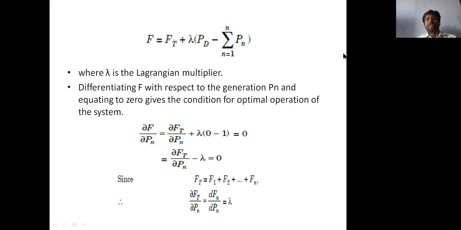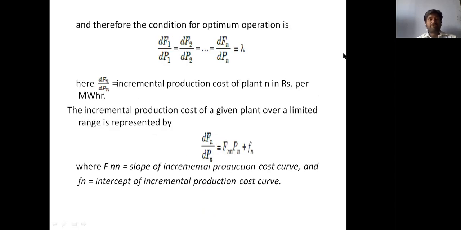Finally dFt by dPn minus lambda equals 0. Since Ft equals F1 plus F2 and so on Fn, similarly dFt by dPn equals dFn by dPn equals lambda. Therefore the condition of optimum generation is dF1 by dP1 equals dF2 by dP2 and so on dFn by dPn equals lambda. Here dFn by dPn is the incremental production cost of the plant.